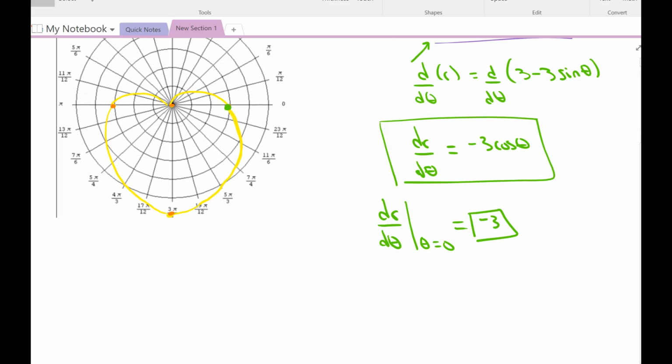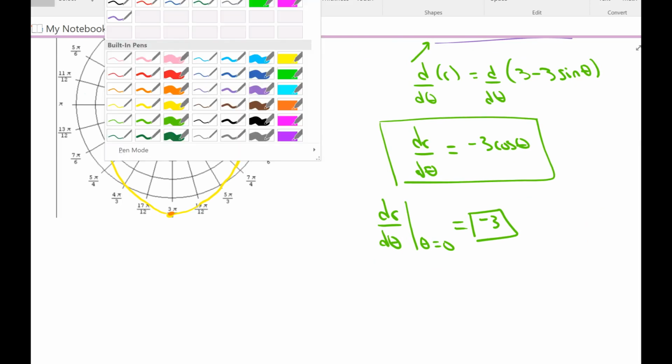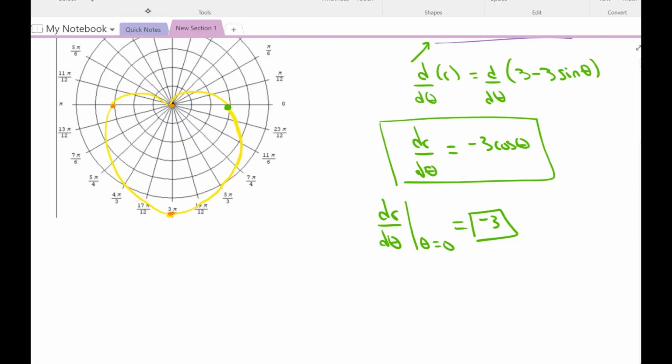And it almost feels like we're going way back to the days when we talked about what instantaneous rate of change means. Well, if dr d theta is our instantaneous rate of change, then this is really the instantaneous rate of change of r.